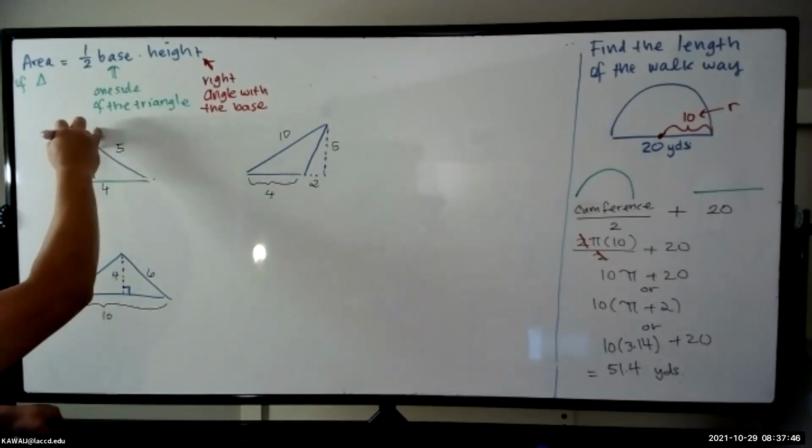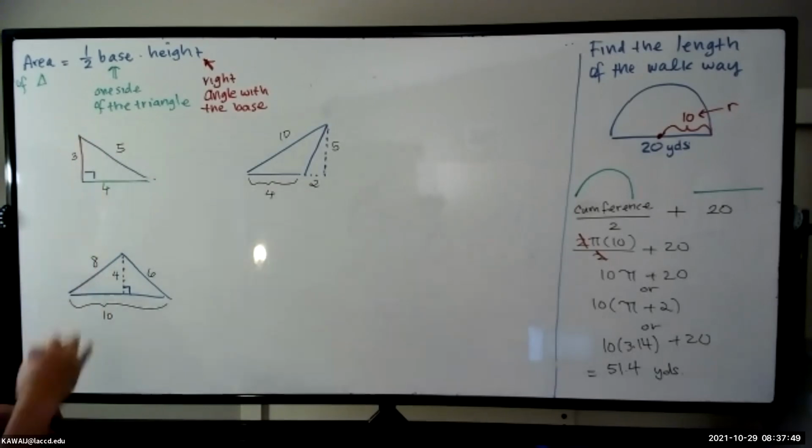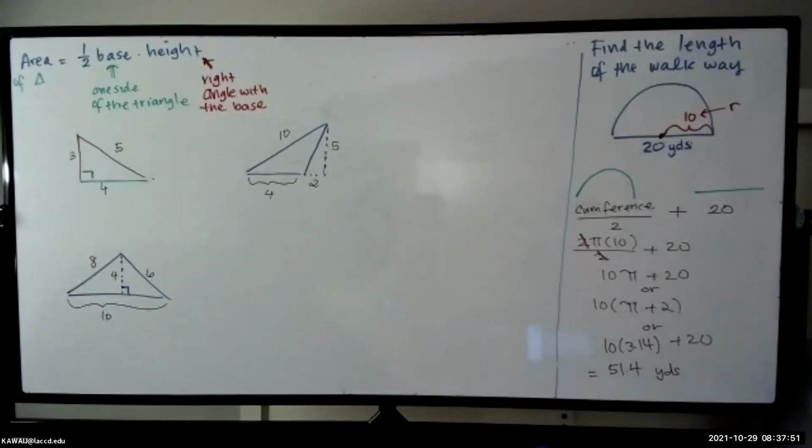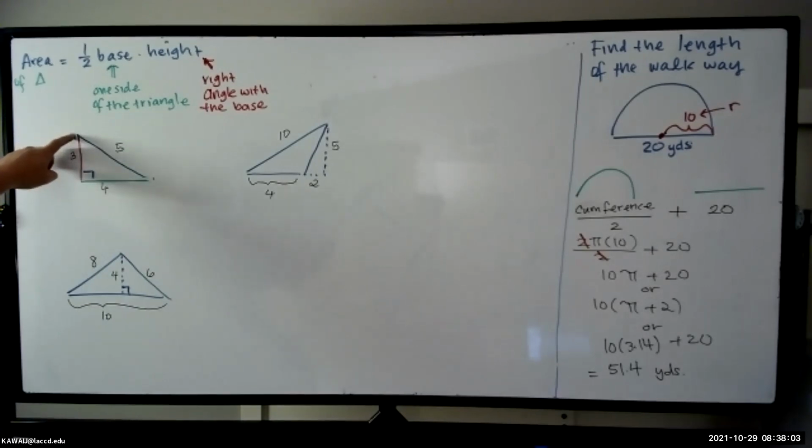So that's the furthest point, like that. Okay. So that's my base, part of the triangle. That's my height. It forms a right angle, and it goes to the furthest point.